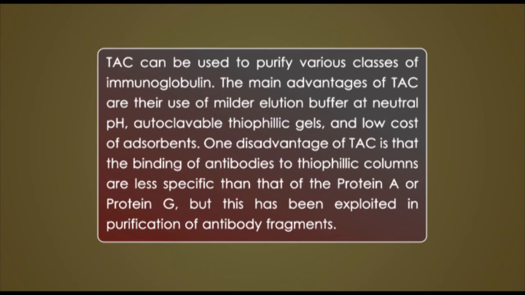One disadvantage of TAC is that the binding of antibodies to thiophilic columns is less specific than that of protein A or protein G. But this has been exploited in purification of antibody fragments. TAC has been used in purification of recombinant Fab fragments without Fc regions and in purification of antibody fragments after papain digestion.